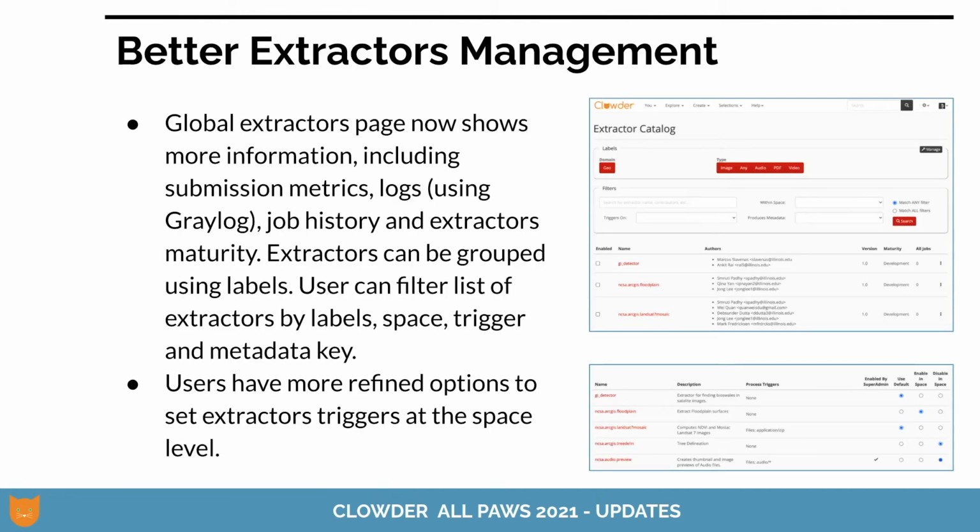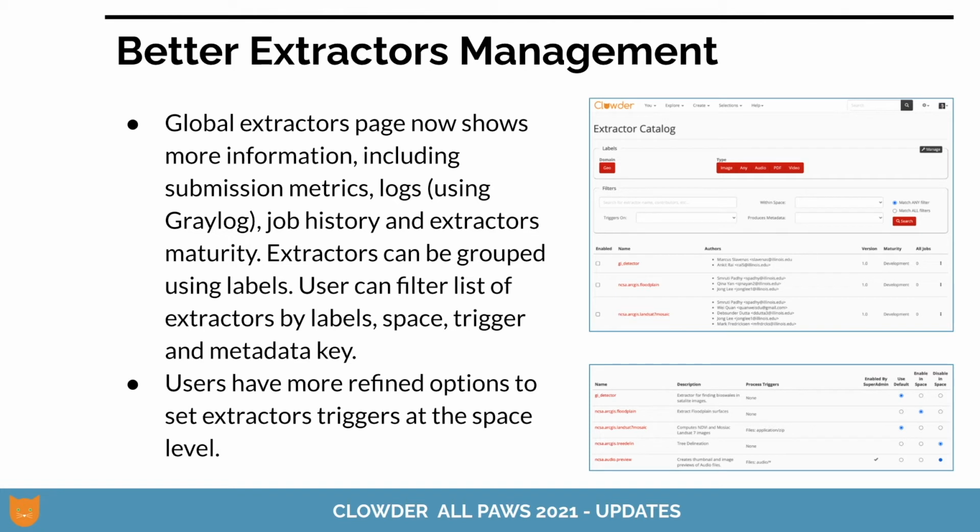We have better extractor management within Clowder and also outside of Clowder, but within Clowder we have improvements to the extractor page where you go and see all the extractors that are registered with that instance, that are available to that instance. So now there is things like submission metrics, logs, job history, extractor maturity.